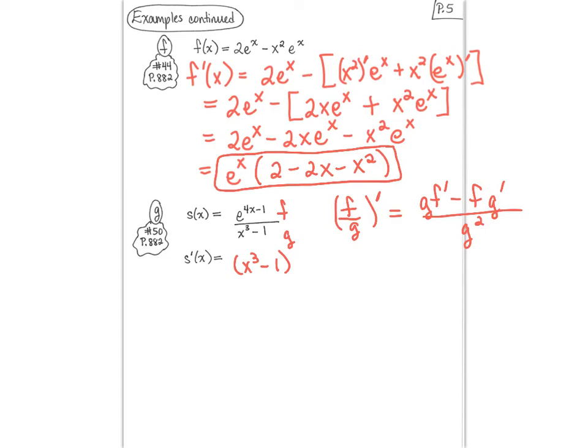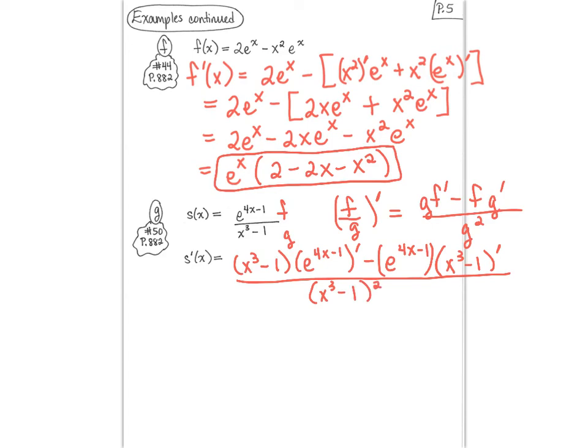So we wrote down g. Now we need to write down e to the 4x minus 1 prime minus f, which is e to the 4x minus 1, all of that times the quantity x cubed minus 1 prime, all over x cubed minus 1 squared.